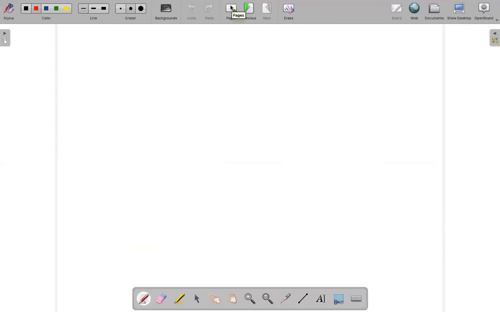Now let us take a small example and check out how it functions.